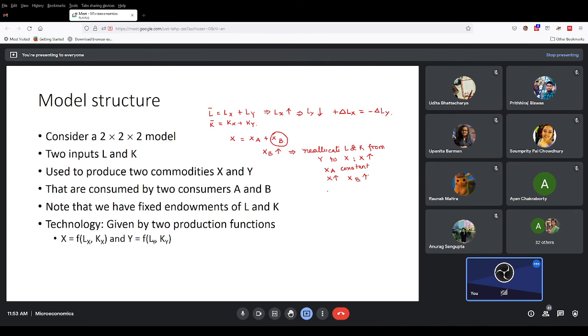But here, the increase in Xa is equal to, you simply increase the production of X. But note that Y will fall.